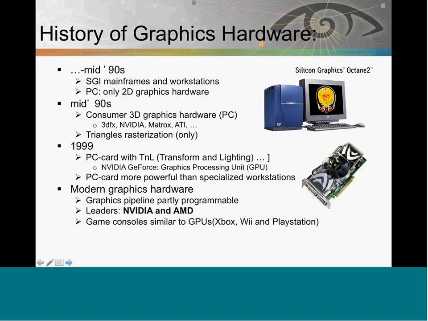This card can do the transform and lighting, and you don't need a special workstation for visualization and graphics. In graphics hardware, there are two main leaders, NVIDIA and ATI. Years back, and this hardware is now being used in many gaming consoles like Xbox, PlayStation, and so on.